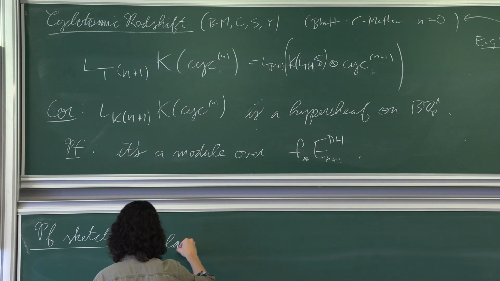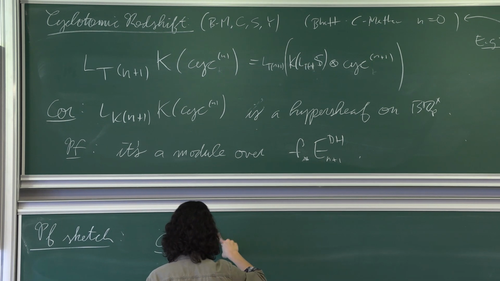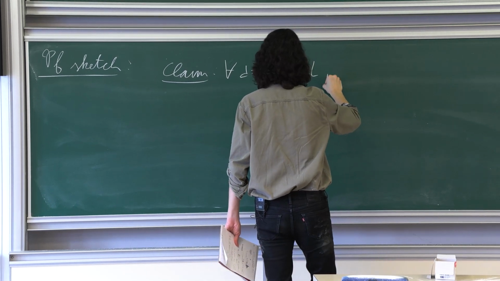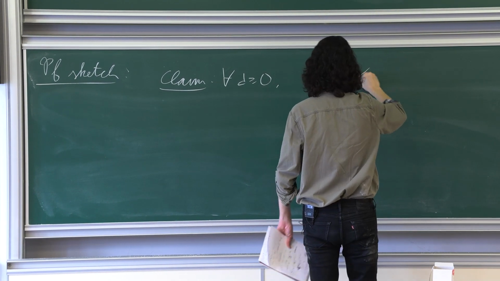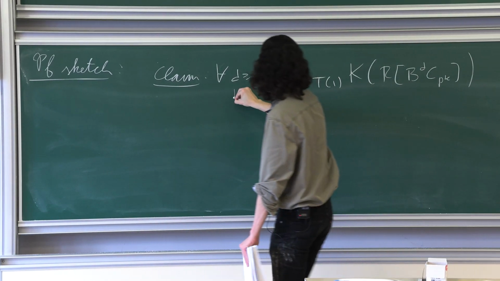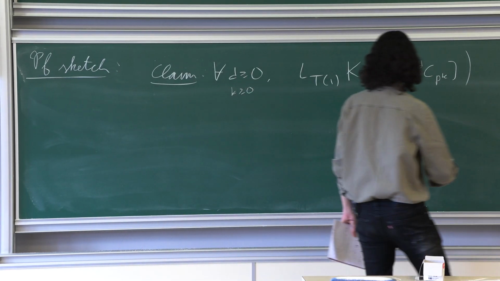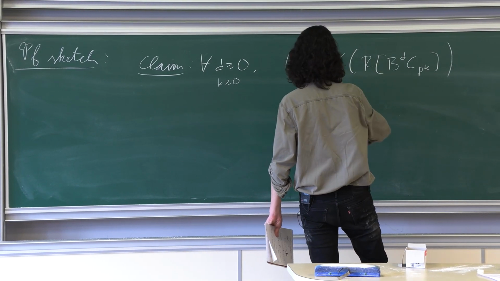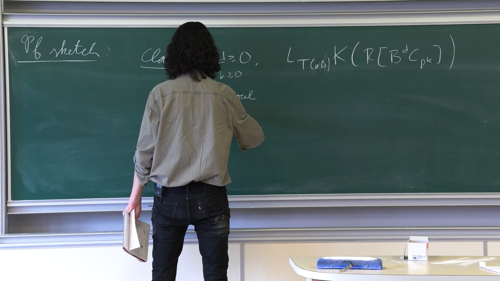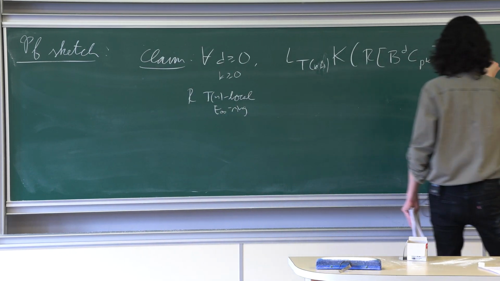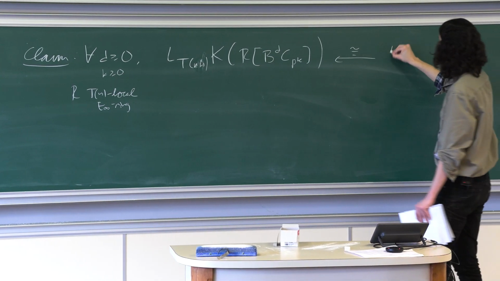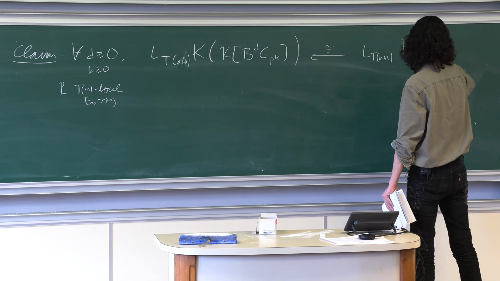The claim you want to make is that for all d greater than or equal to 0, LT n plus 1 K of R[B^d C_p^k], for k greater than or equal to 0, and R is Tn local, when you take the K-theory of the group ring, it pulls out as an orbit.